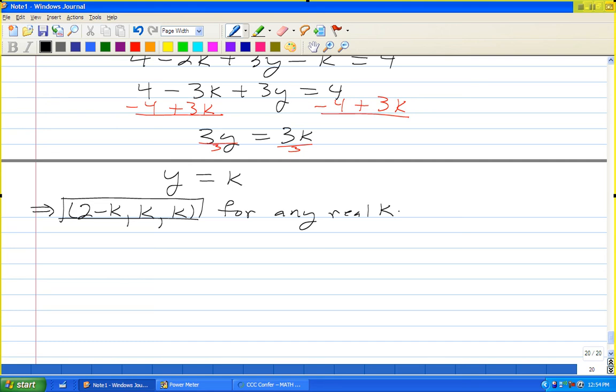And so this is my one parameter family of solutions. So again, this is a dependent system. You have an infinite number of solutions.